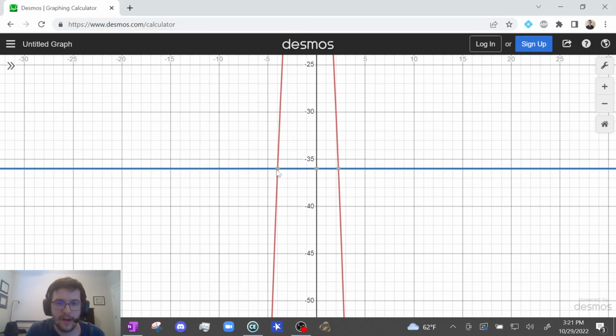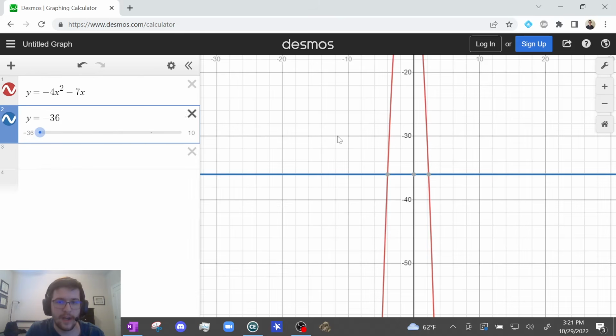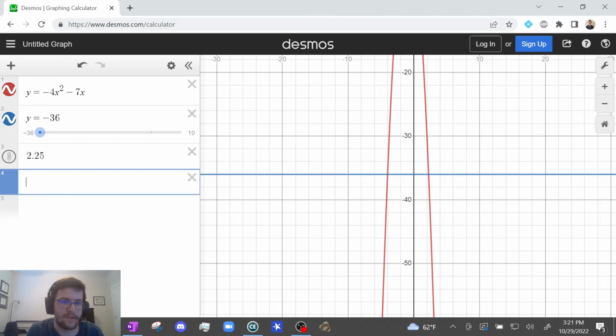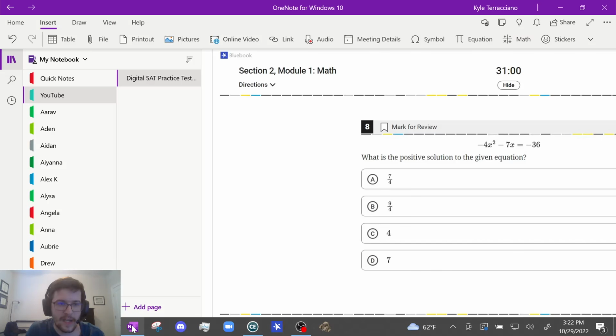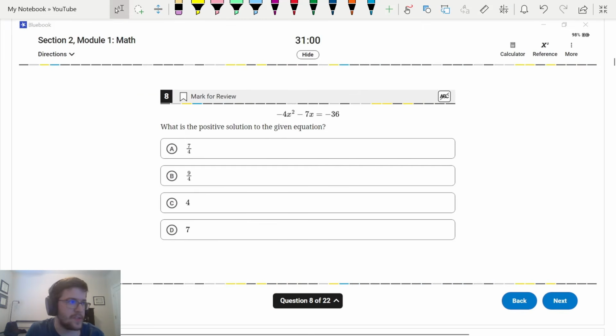So we got negative 4, but it wants the positive solution, so we must want this one. 2.25. Okay. Now we can type in 2.25, and if we click this button, it'll change it to a fraction, 9/4. Okay, let's go back to the test. So the answer is B, 9/4.